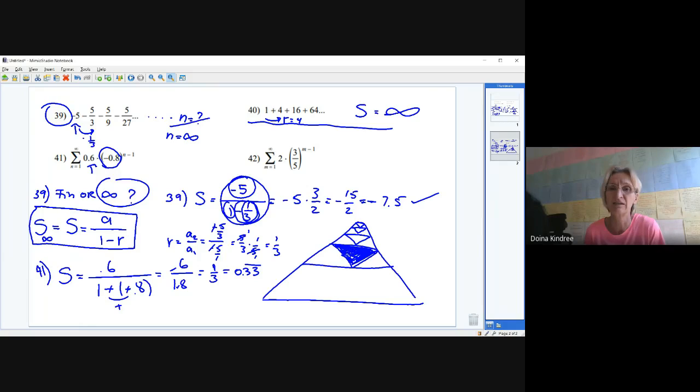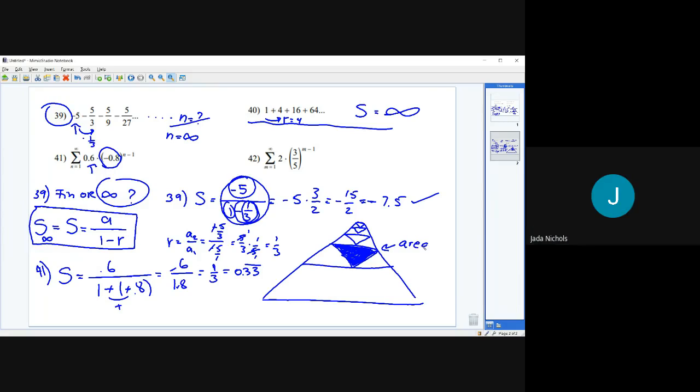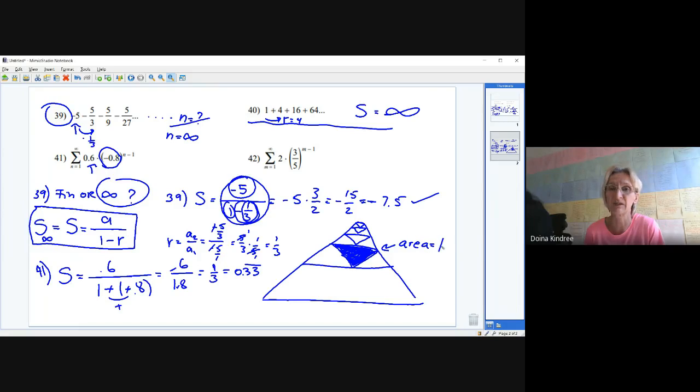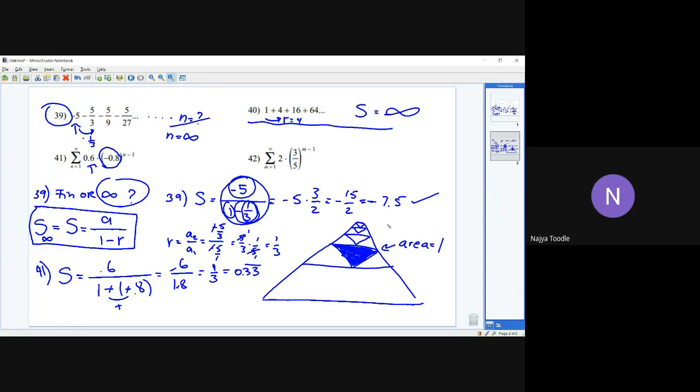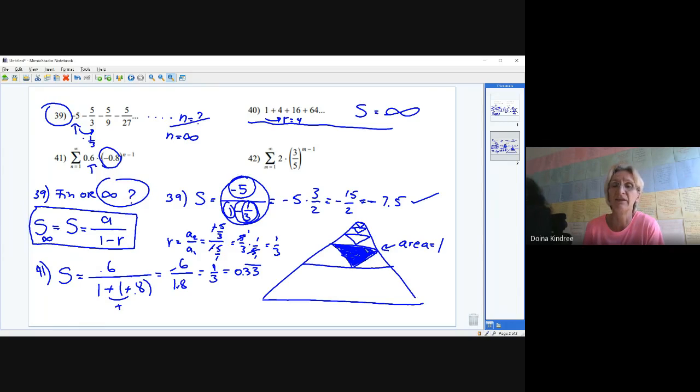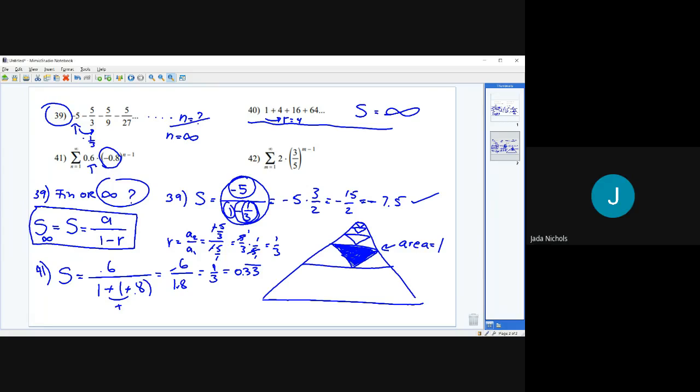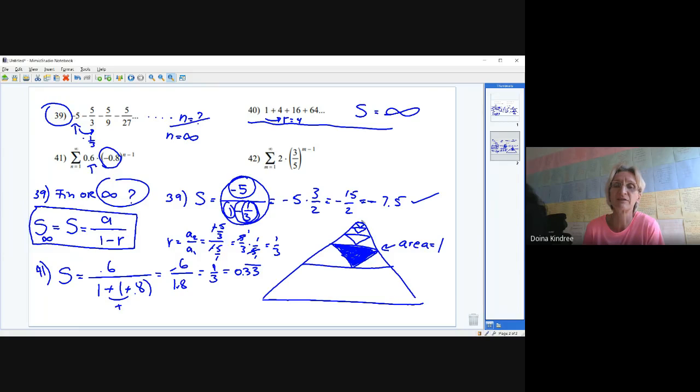Okay, as you have in the problem, they gave you the area of the first triangle. Jada was asking me how we do this. So it's 1, that was given to you. And then they said to add the sum of the first 5 triangles which form above the first black one, of area 1.